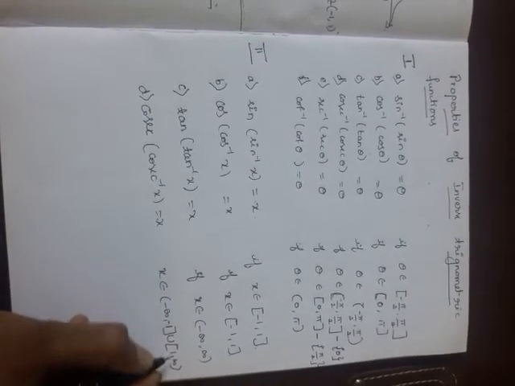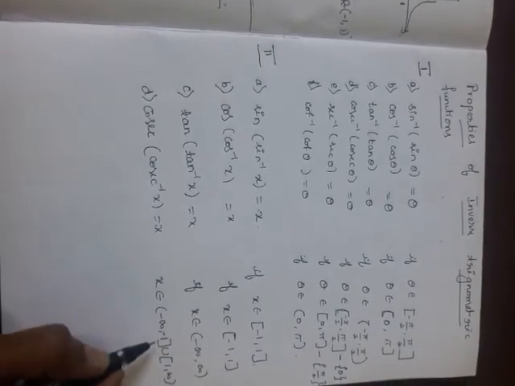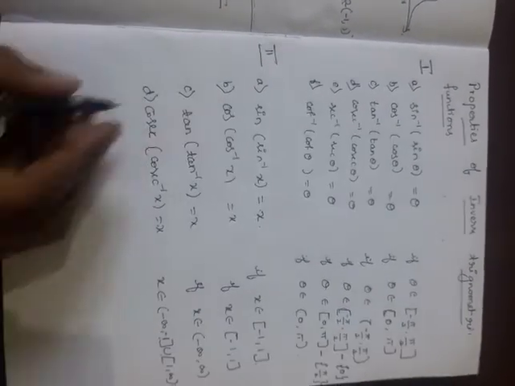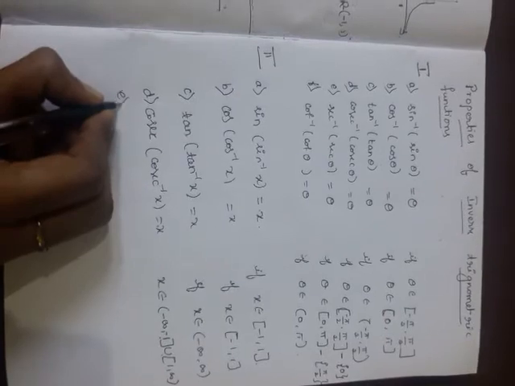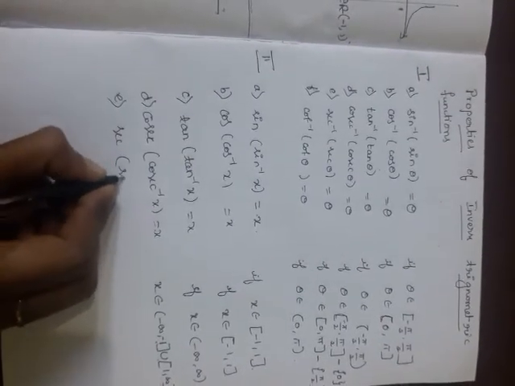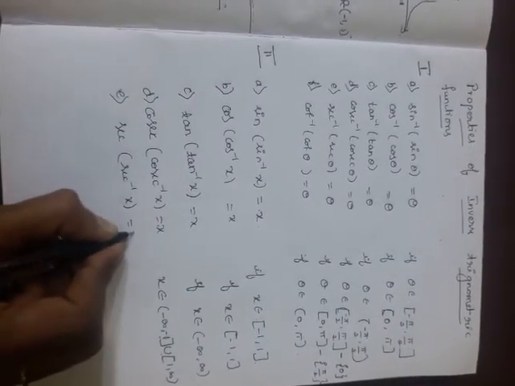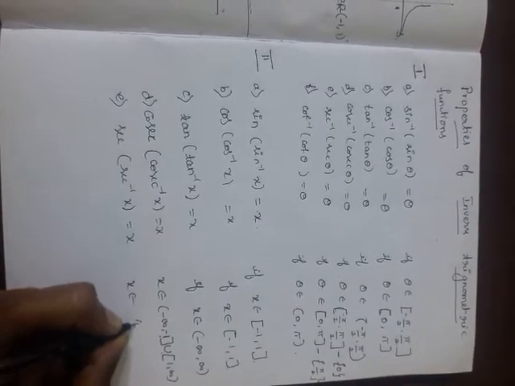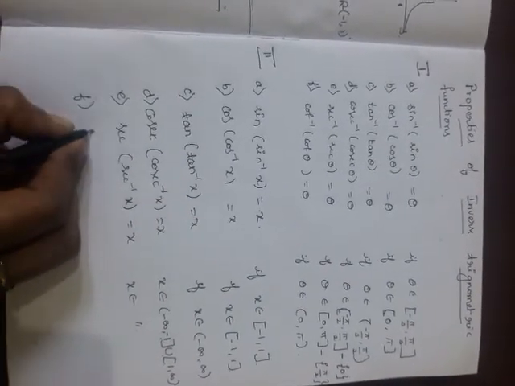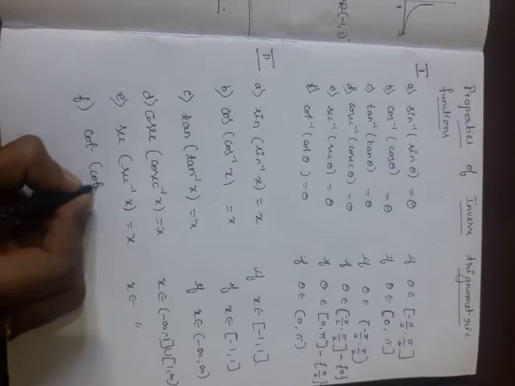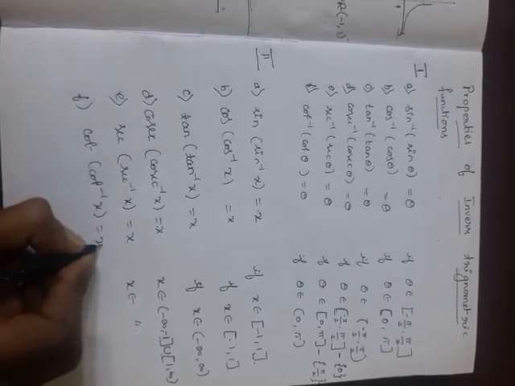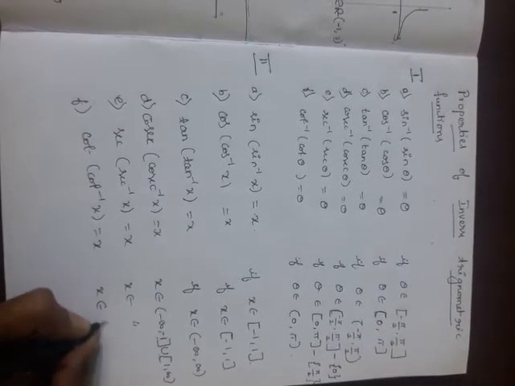That means the whole real number set except the open interval minus 1 comma 1. Next is secant of secant inverse of x, equal to x, where x belongs to the same set. Okay. Next is cot of cot inverse of x is equal to x. Here x belongs to minus infinity comma infinity.